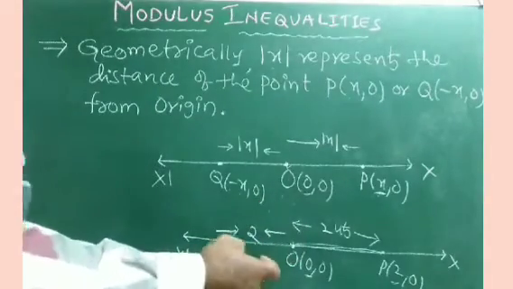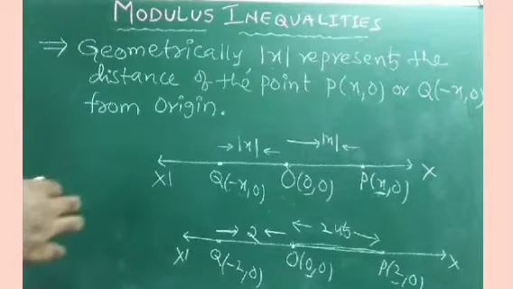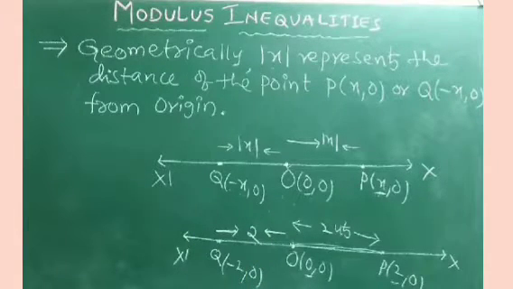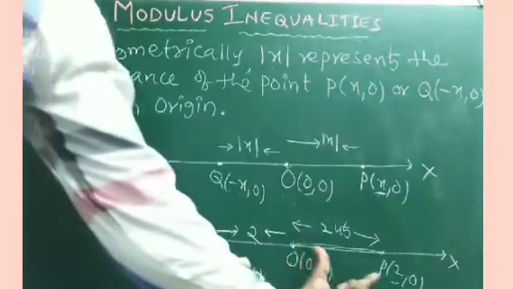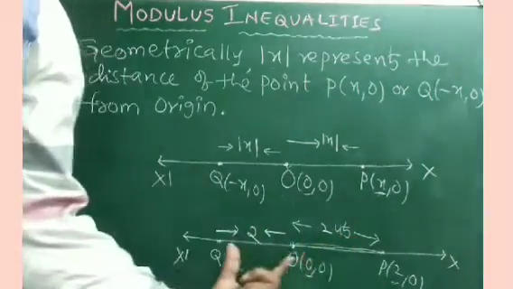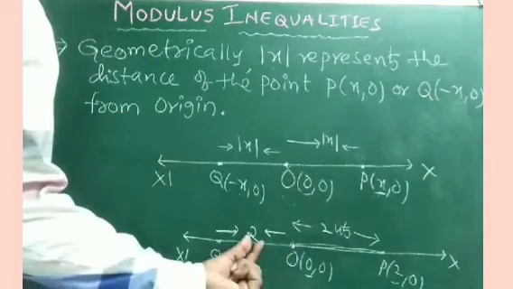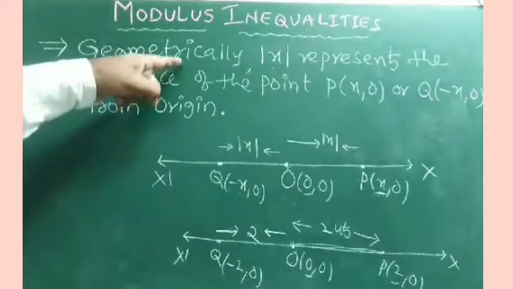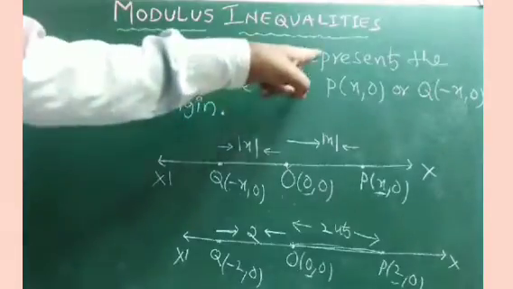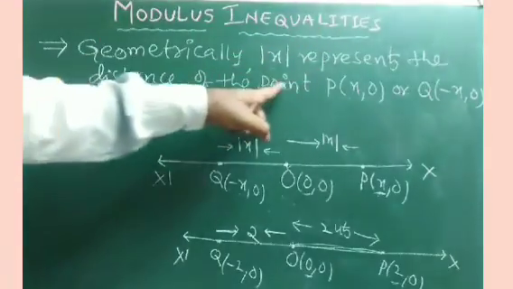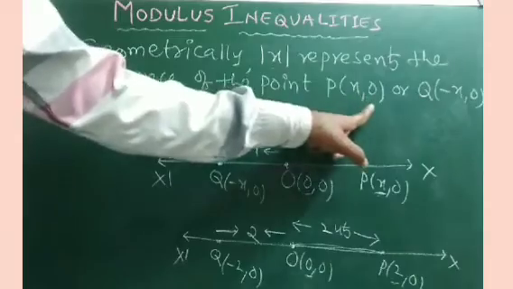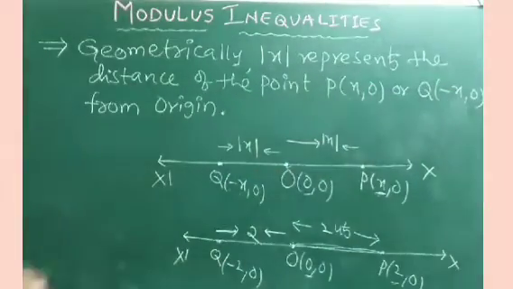We never say that the distance is minus 2, or minus 5, isn't it? Distance is a physical quantity which cannot be expressed as negative. So the distance from O to P is 2 units, and the distance from O to Q is also 2 units only. That's what I am telling you now. Geometrically, modulus of x represents the distance of the point either P (x, 0) or Q (-x, 0) from the origin.